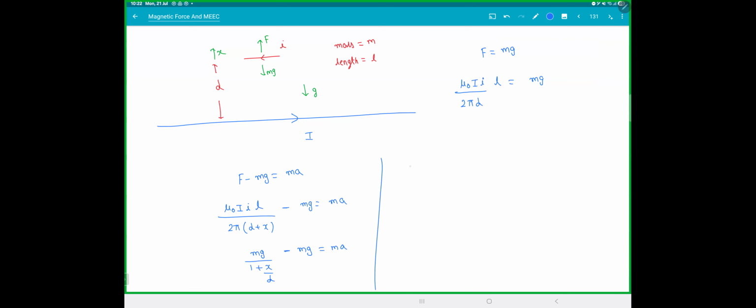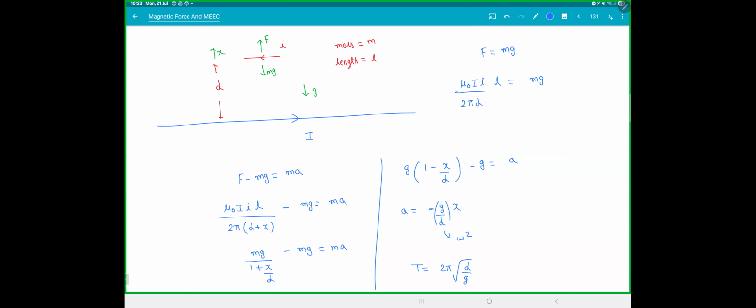You can do binomial approximation, g minus g x by d. We get a is equal to minus g by d into x. This is your omega square. Time period is 2 pi root over d by g.